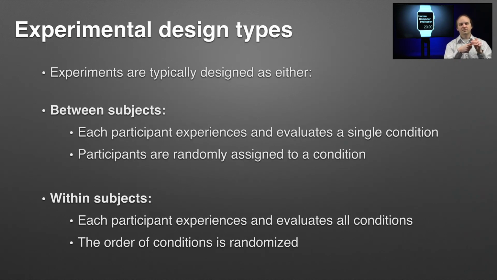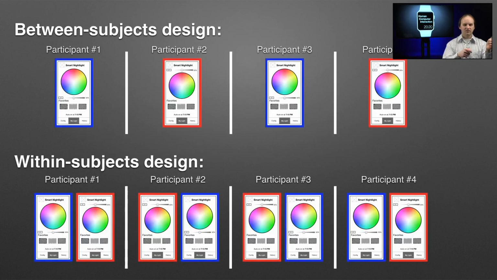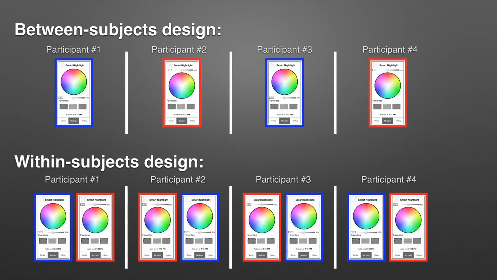We talked about experimental design types, between subjects and within subjects. Between subjects meaning each participant only sees one version or condition. Within subjects meaning each participant sees every version of the things you're evaluating, so they're doing the comparison themselves.